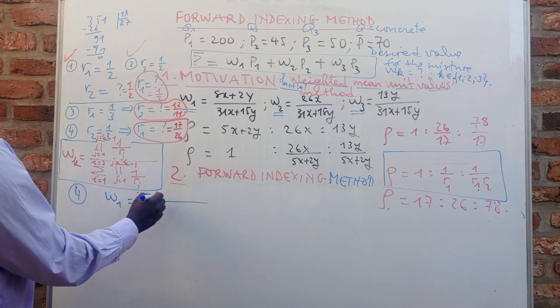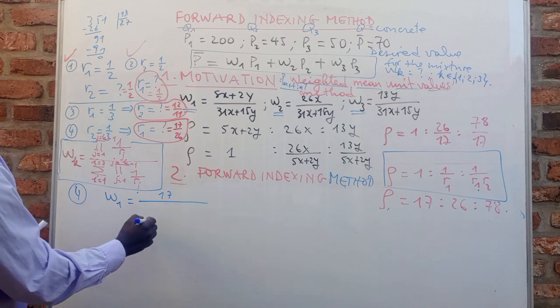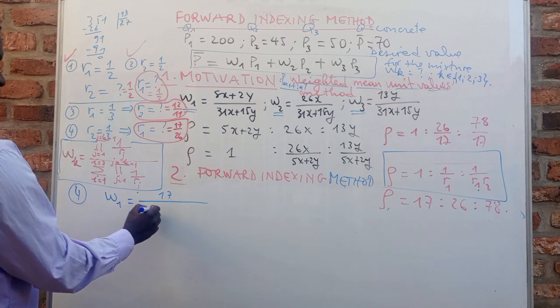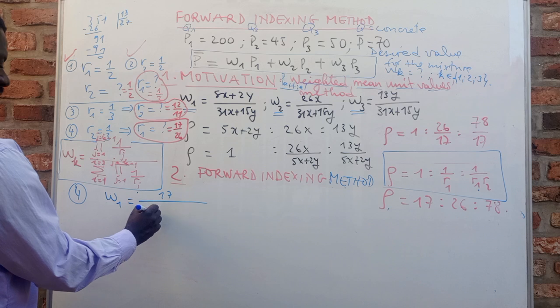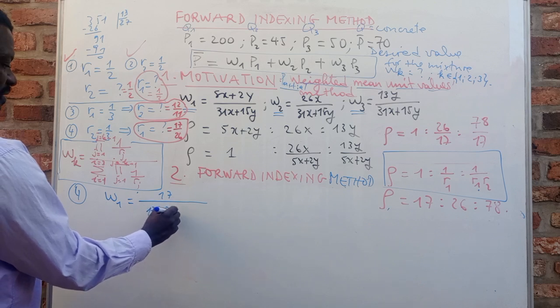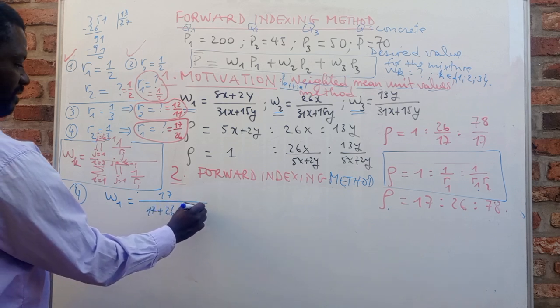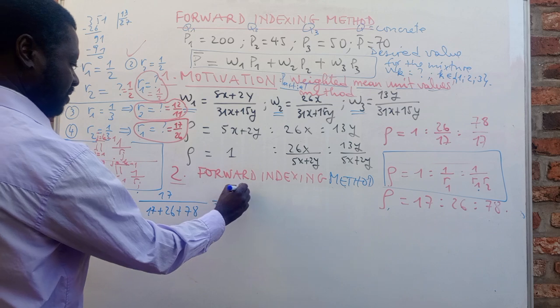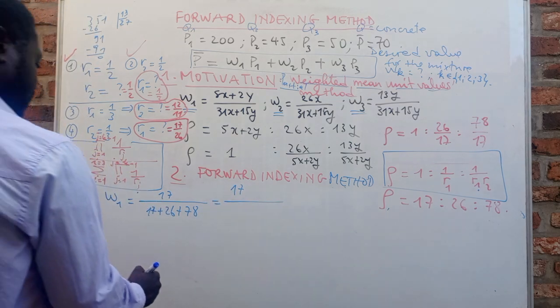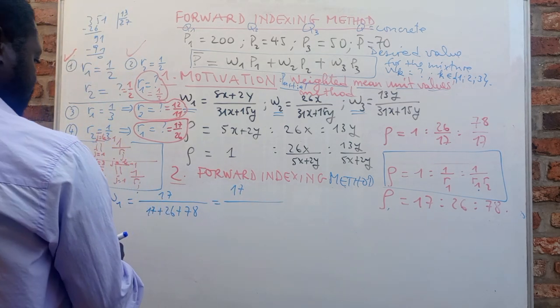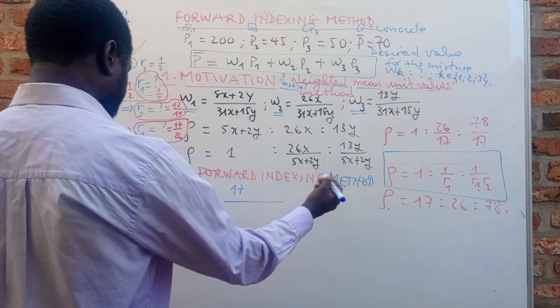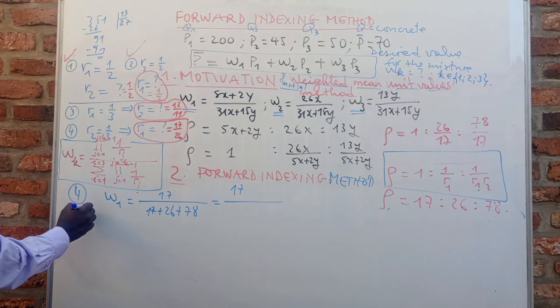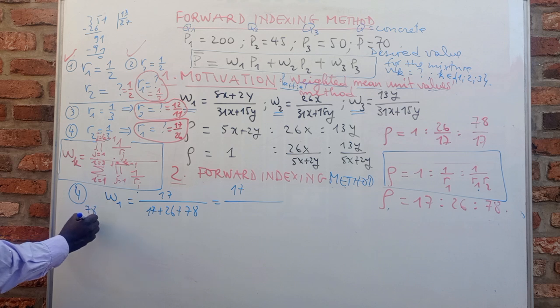So first weight will be 17 over 17 plus 26 plus 78. Let us calculate here 78, 26, 17.